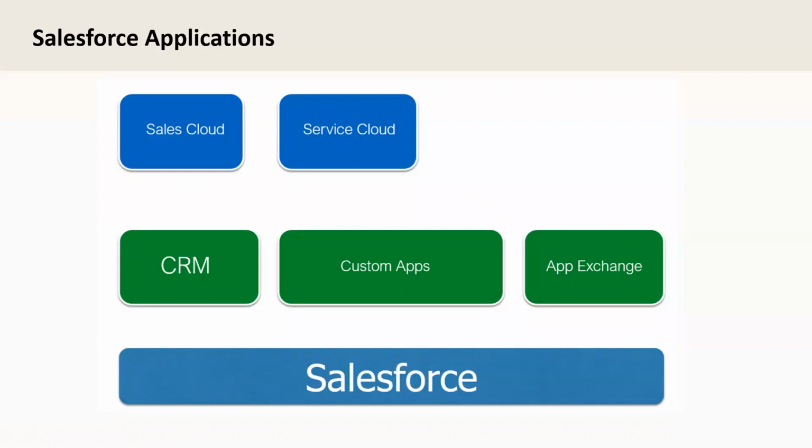Okay, and as I said, we have already talked about it, Salesforce is a CRM, and I only kept Sales and Service Cloud because we are talking about Sales and Service Cloud in this module, in this program. We also talked about the custom applications that can be built on the platform and App Exchange.